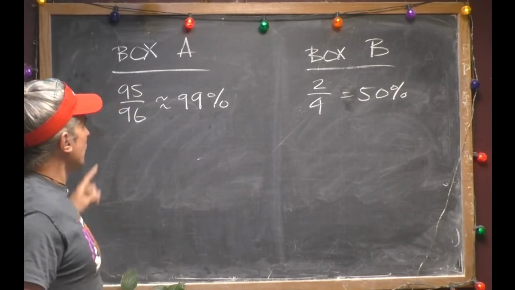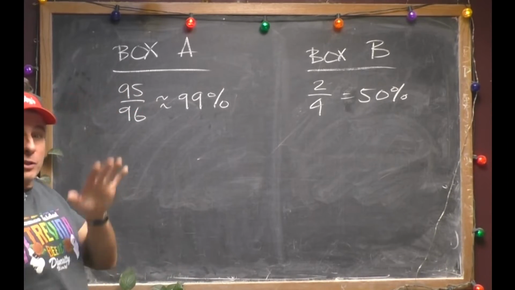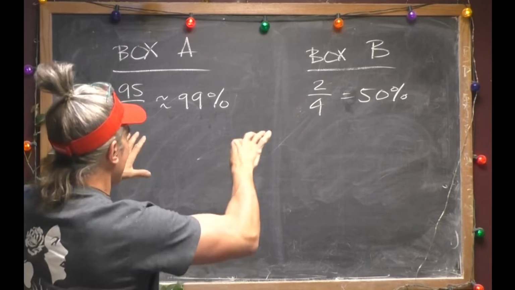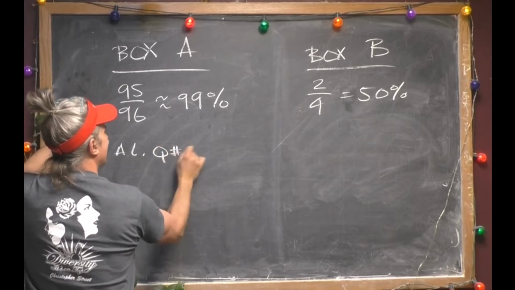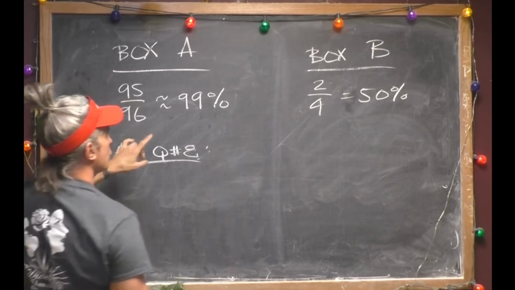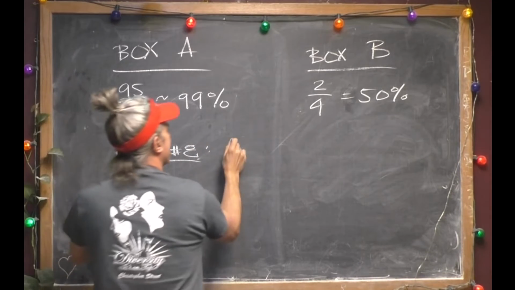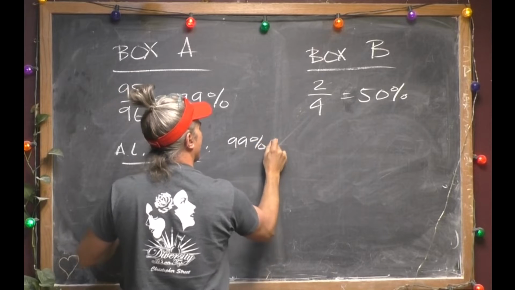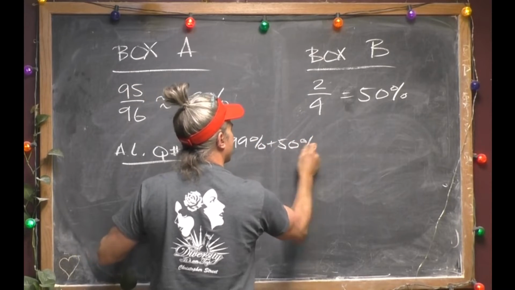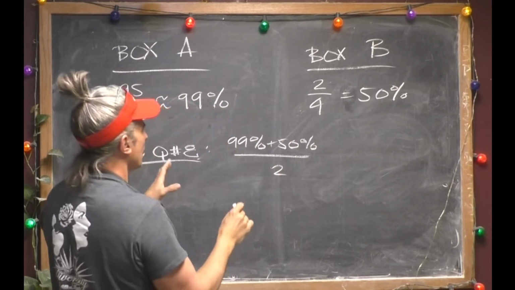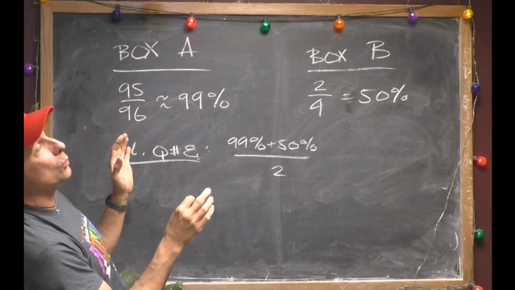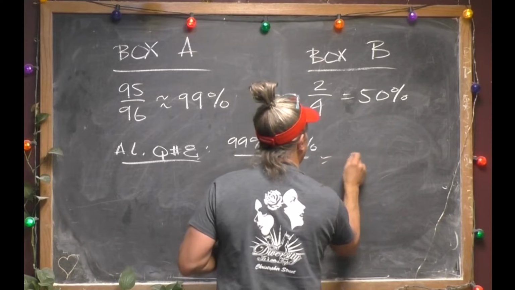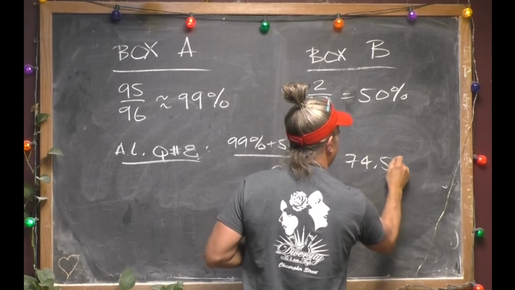Okay, so the way we did it in question 8 was you add the two percentages together, so 99% plus 50%, and divide by 2. So that's going to be 149 divided by 2, which is, I believe, 74.5%.